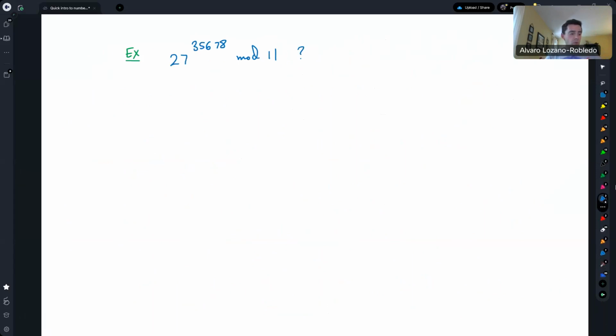Okay, so first of all, I can simplify the base of that exponent. This is the base, this is the exponent. The base I can reduce modulo 11. Modulo 11, that is 5 to the 35,678.